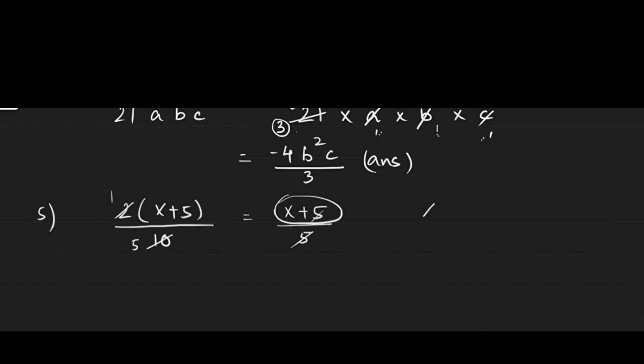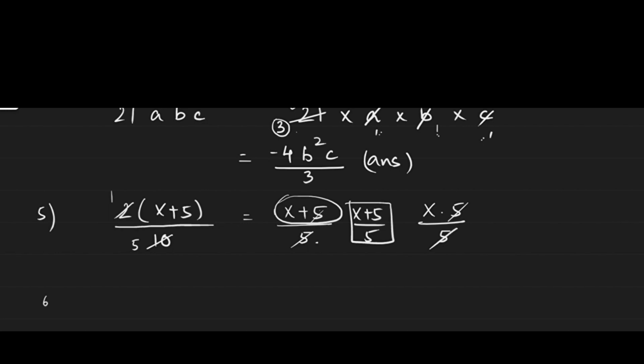It is not like this, x times 5 and then I have 5 in the denominator so that I can cancel out 5 and 5. No, x plus 5 is a sum of two terms, x and 5. This 5 alone cannot be cancelled with this 5. So my answer is just this one, x plus 5. This is my complete answer. I cannot cancel this 5 and 5.